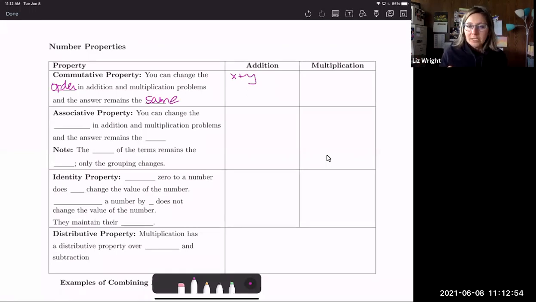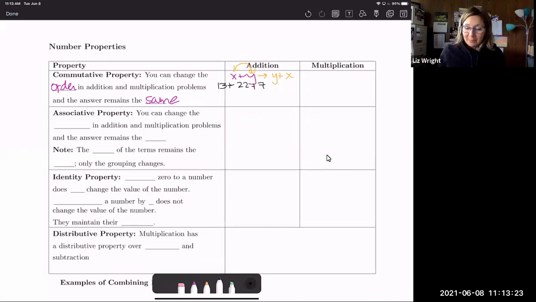This is the commutative property of addition. Well, what it means is that these two variables can trade places over that symbol, which means then we get y plus x. So they're trading places. Well, why would we ever want to do that? Well, let's look at an example like this. Let's say we had 13 plus 22 plus 7.